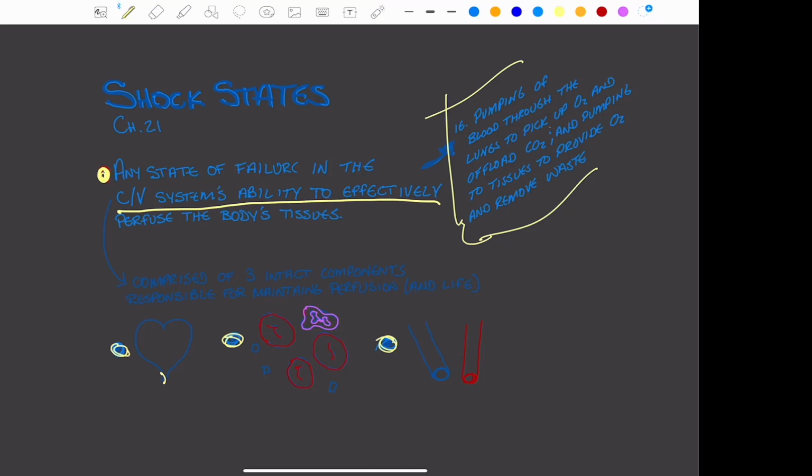We're also looking to get rid of waste products, get rid of carbon dioxide. A lot of these things we've talked about when we looked at the cardiovascular unit last unit, and even when we started talking about the respiratory system and the lungs' function as far as expelling carbon dioxide and other products.